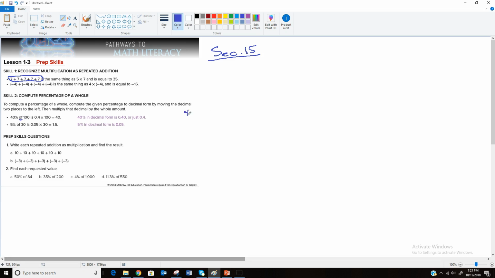So 40% of 100, that one's kind of straightforward because we already know 40% means 40 out of 100. So 40 out of 100 of 100 is going to be 40. But if we didn't know that already, you could change 40% to 0.4, of almost always means times, and then 100. So 0.4 times 100 is 40.